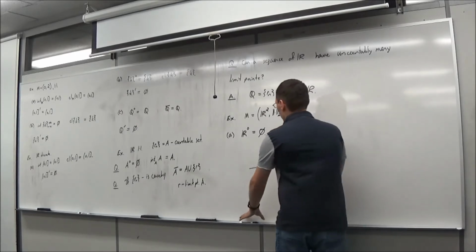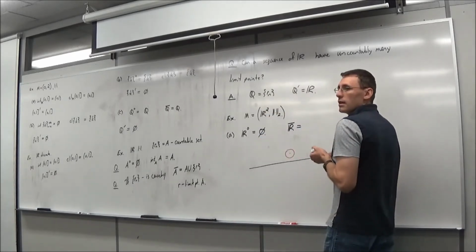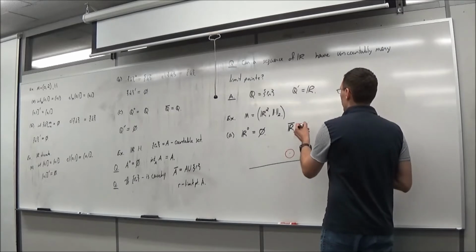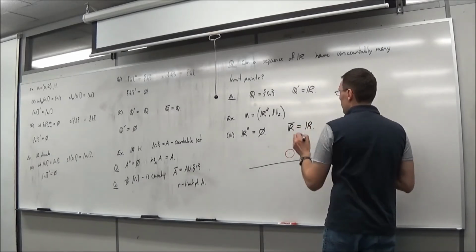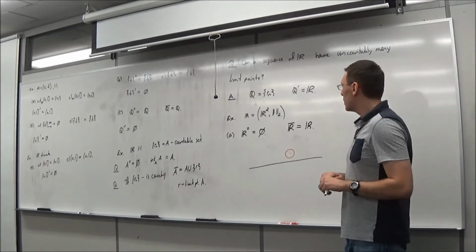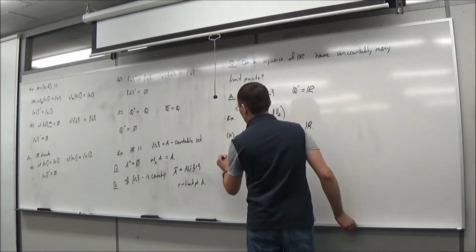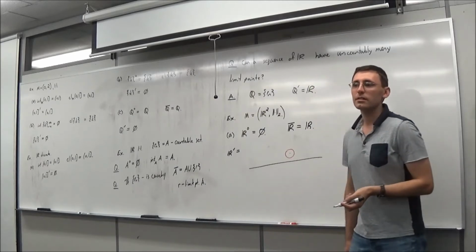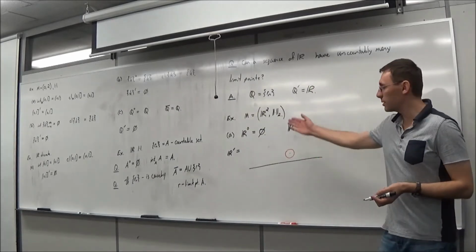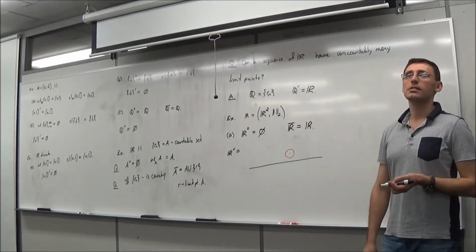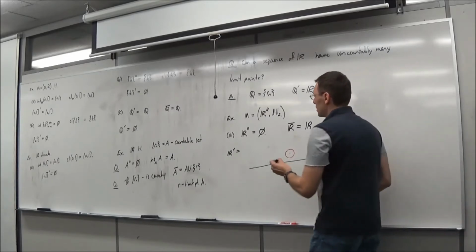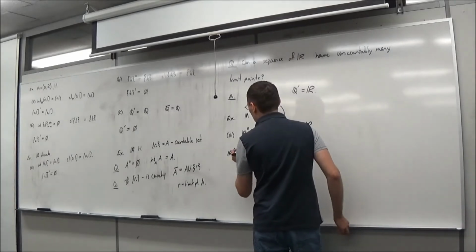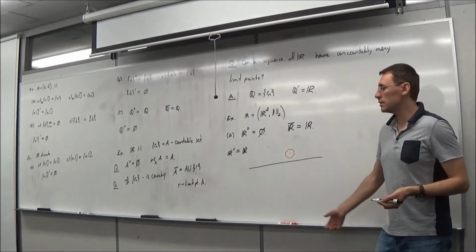It contains all the limit points. It simply is R. What are the limit points of R? That's very simple. In R2, what are the limit points? R. If it had any more limit points, it would not be a closed set.